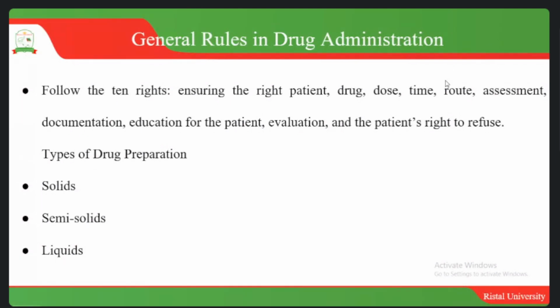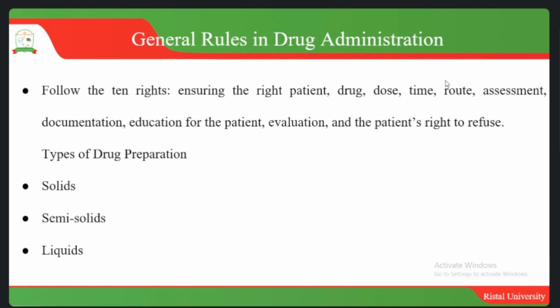Then education for the patient: we should also educate our patients. We should teach them about the drugs, especially those who take oral drugs, and those who take subcutaneous or intradermal, because sometimes they end up injecting themselves, like with diabetes. So we have to educate them in relation to drug administration. Then evaluation: we evaluate our patients in order to assess for any kind of adverse drug effects.